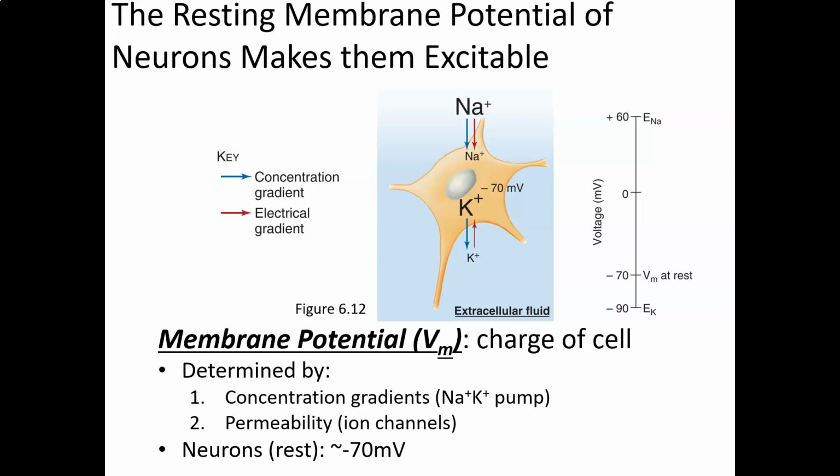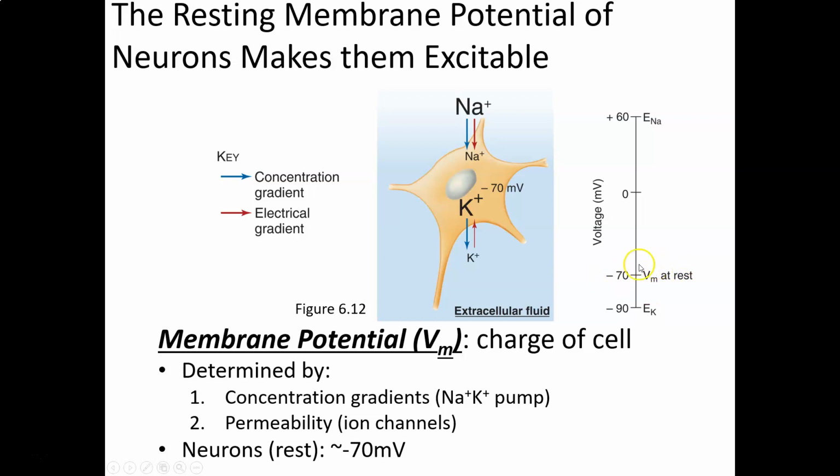So looking at the membrane voltage in normal nerve cells, and again, pretty close in muscles, the membrane potential at rest is minus 70 millivolts.